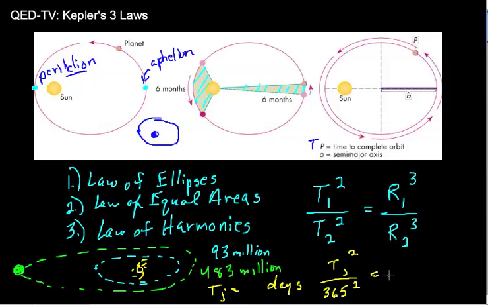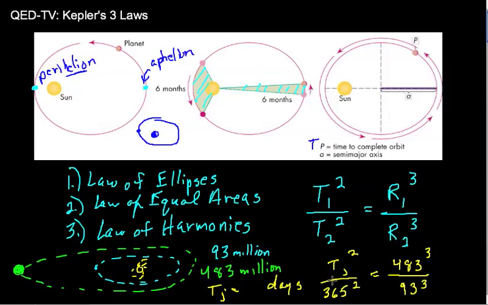And then we're going to look at our cubed ratios of their distances away. So on the top, we had the period of Jupiter squared. We're going to have the distance out to Jupiter cubed, and that was 483 million miles. But since they're both millions, we'll just leave that part off, and we'll just do cubed. And then the distance out to Earth cubed is 93 cubed.